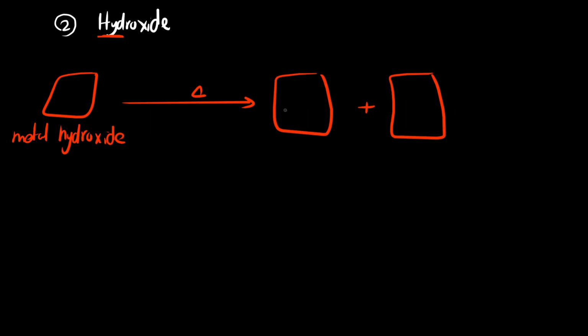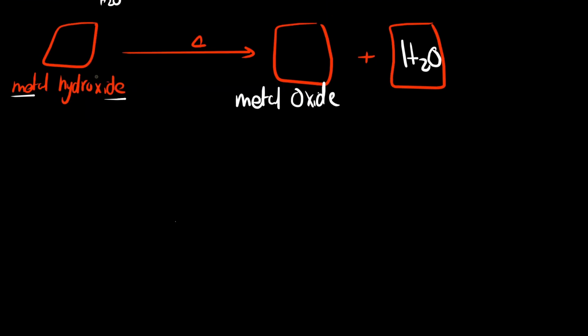The first one is the metal oxide, and the other one is H2O or water vapor. So you know in hydroxide, the resultants has something related to hydro or water, which is H2O, and you also have here oxides. So let's have an example on this.